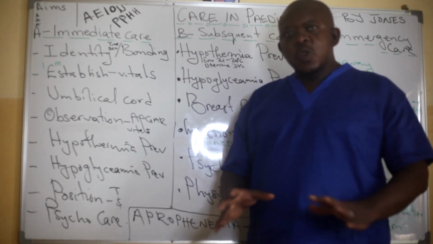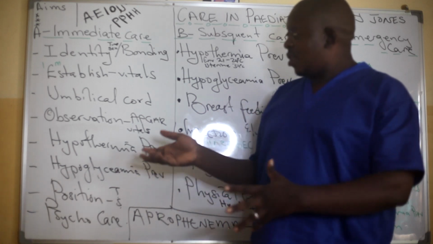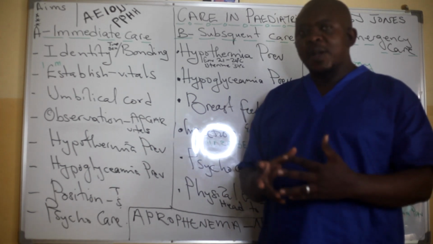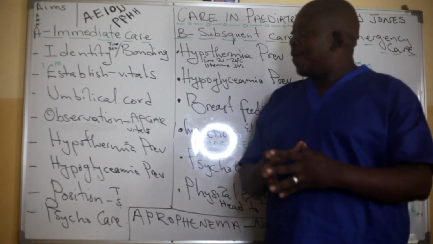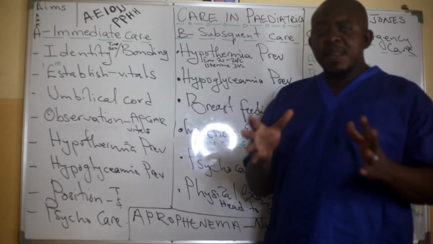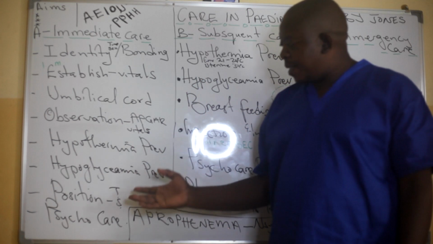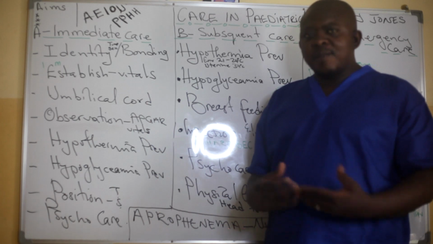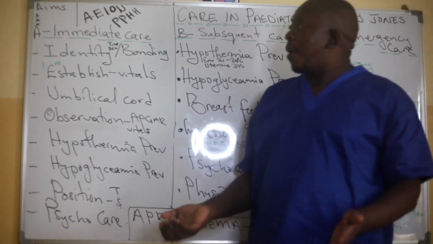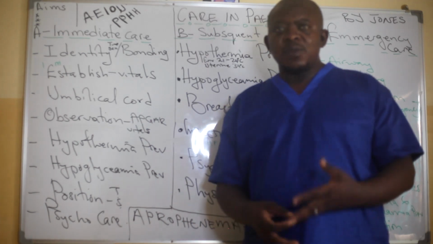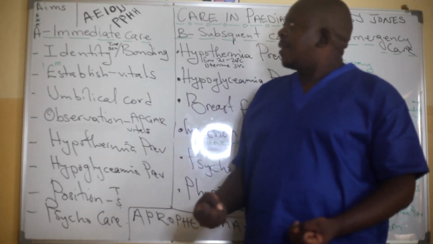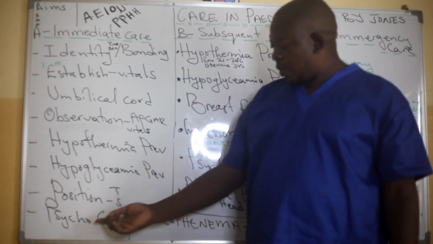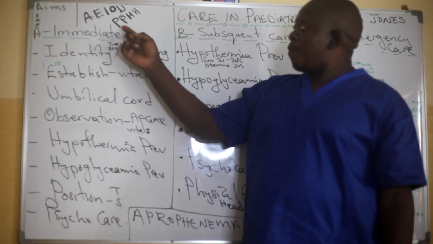I'm not saying you have to restrict yourself to this, but these are very important elements that you can look at when you are caring for a child within the immediate care of the newborn. If you want to remember them in an easier way, you can remember the vowel sounds A, E, I, O, U. And we have prevention, psychological care and position, that is for PP.